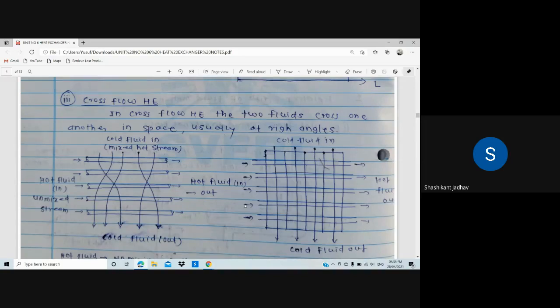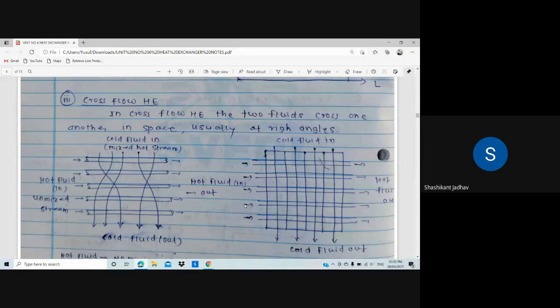So what is meant by parallel flow heat exchanger? In parallel flow heat exchanger, two fluids travel in the same direction. जे काय आपलं हॉट फ्लुइड असेल, जे काय कोल्ड फ्लुइड असेल, त्याची फ्लो व्हायची डायरेक्शन सेम असणार आहे. Okay, and the two streams enter at one end and leave at the other end. म्हणजे दोन्ही फ्लुइडची एंट्री एका डायरेक्शन मधून असणार आहे, आणि लिव्हिंग होणारी एंड पण सेम असणार आहे.